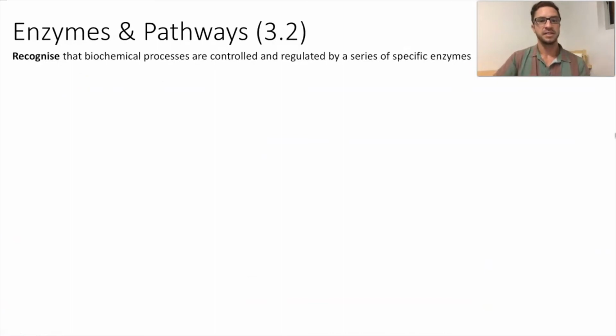Enzymes and pathways from 3.2 of the text. So you may have heard of the term catalyst before. A catalyst is a substance that speeds up the rate of a chemical reaction but is not itself changed by the reaction.